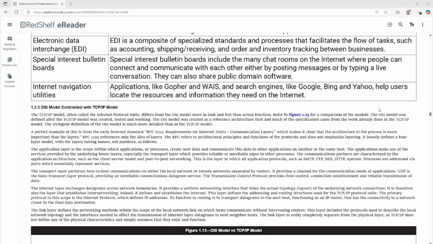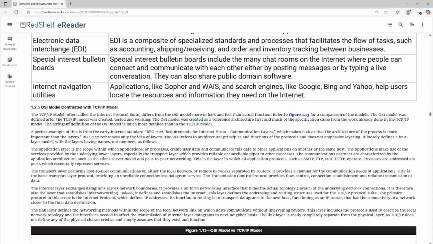Further, you should also take note that the OSI model was defined after the TCP/IP model was created, tested, and working. Also, the OSI model was created as a reference architecture first, and much of the specification came from the work already done in the TCP/IP model.